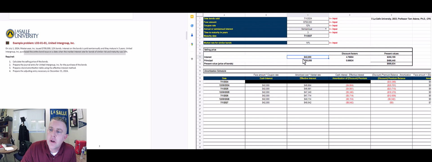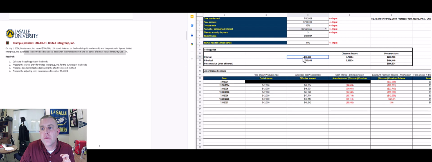All right, so the selling price. Let's look at this piece first. So the selling price is based on two things. Now, Masterware is going to be paying coupon payments every 6 months for 3 years. So there's going to be 6 coupon payments based on 12% interest and $700,000 loan amount.